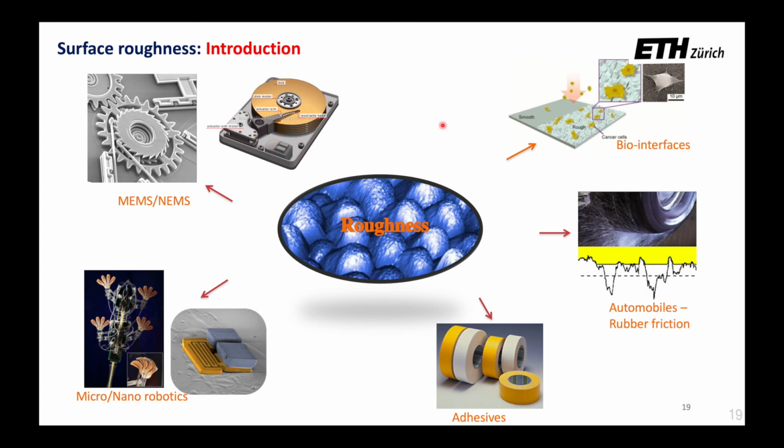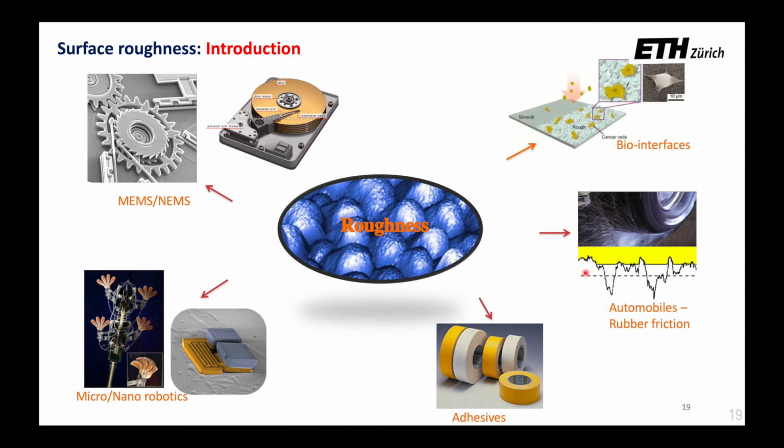So understanding this roughness, and how it affects adhesion and friction, plays an important role in many areas of science and engineering. For example, in microelectromechanical systems and nanoelectromechanical systems, as well as in bio interfaces, where control of adhesion on implant surfaces is very crucial.